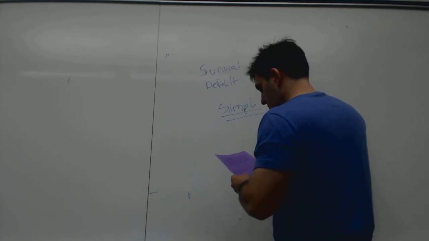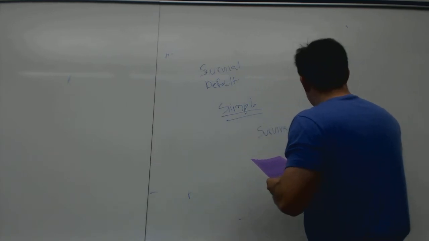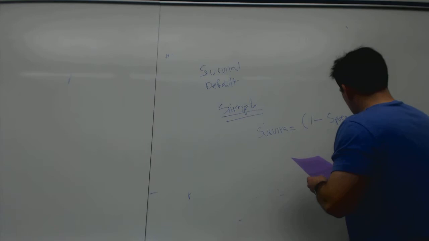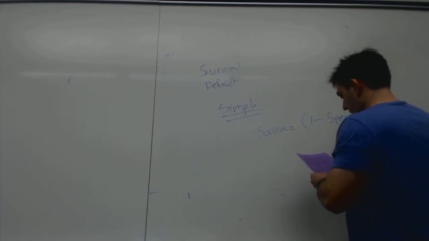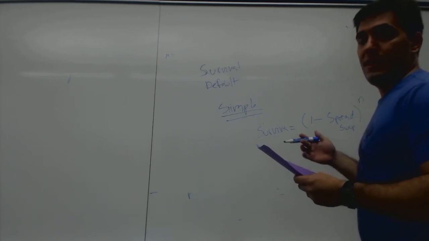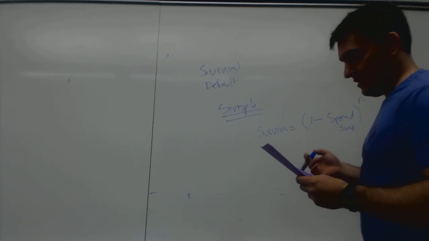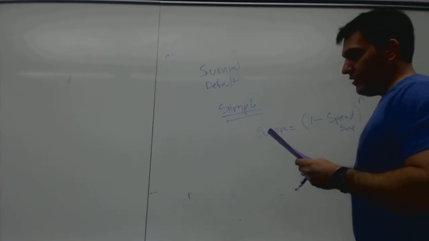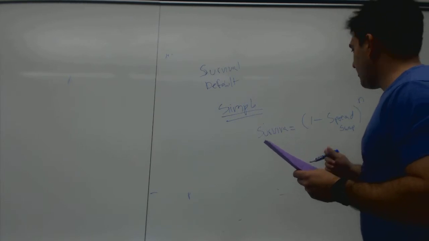is going to be equal to 1 minus the spread on the swap to the n, to the number of years in this case. So here they tell us it's 120 basis points spread for 3 years.